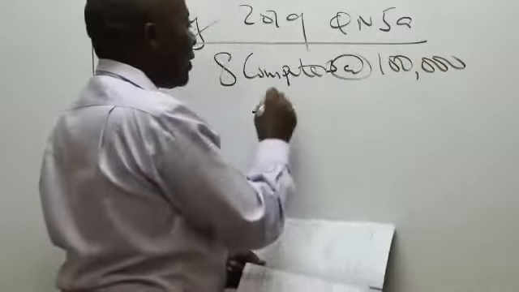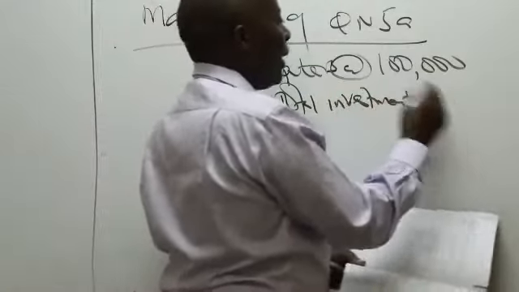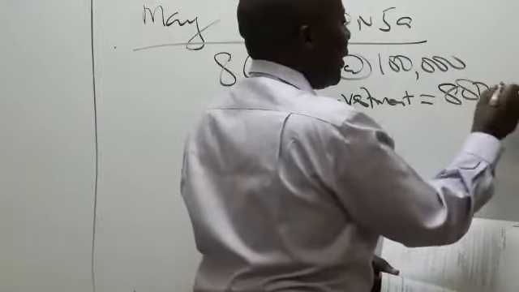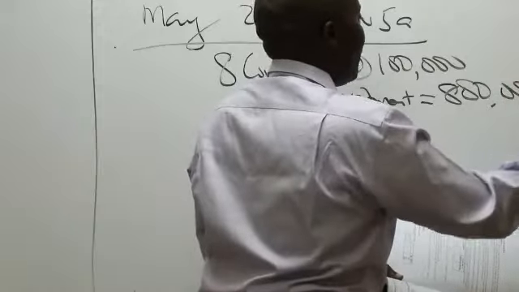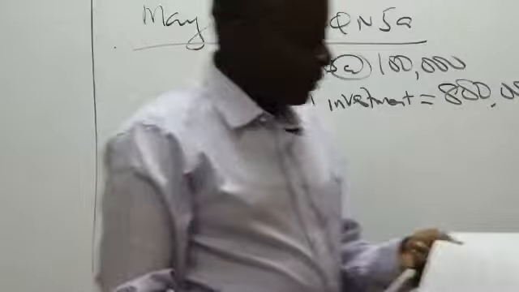Therefore, the total investment here will be 8 times 100,000, which is 800,000 Kenya shillings.